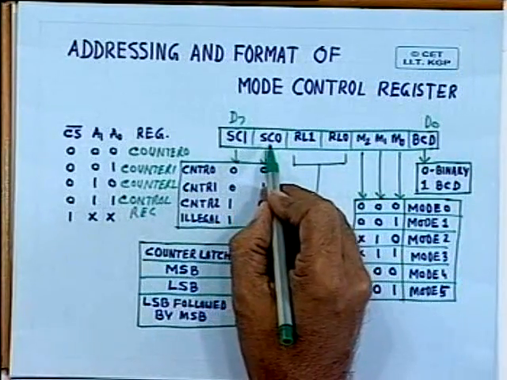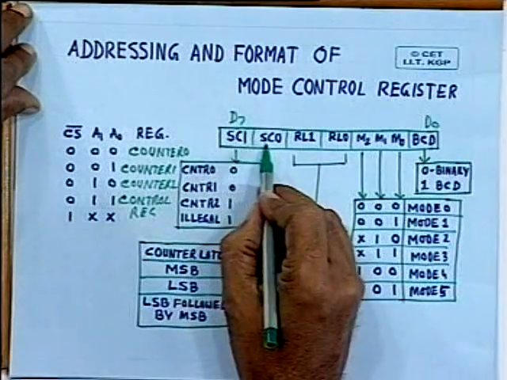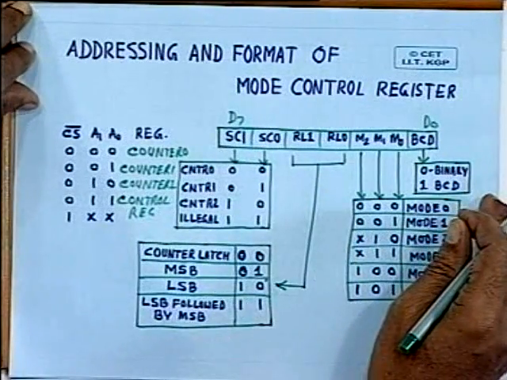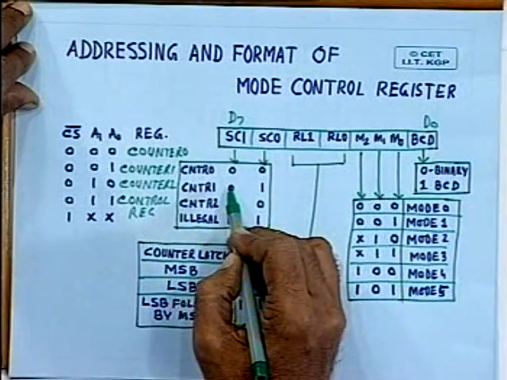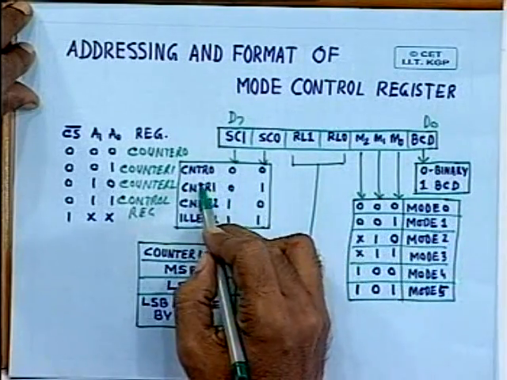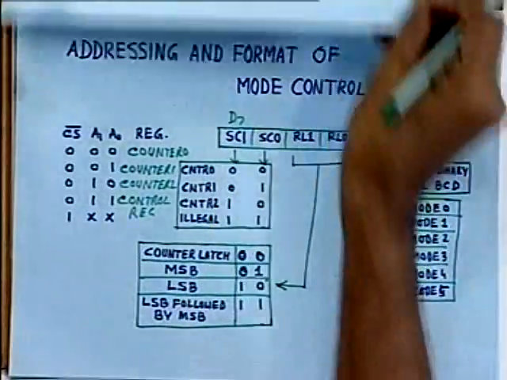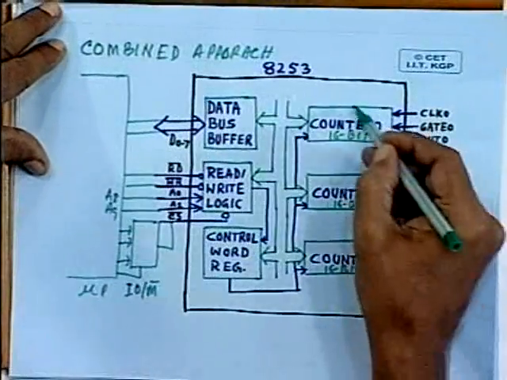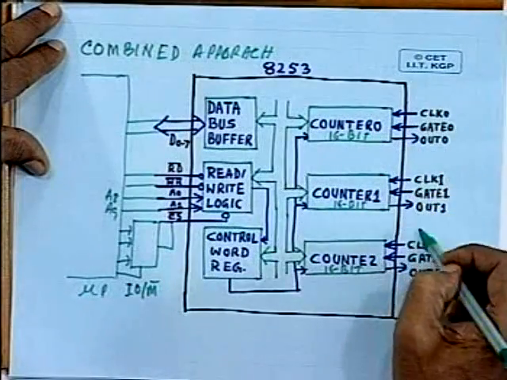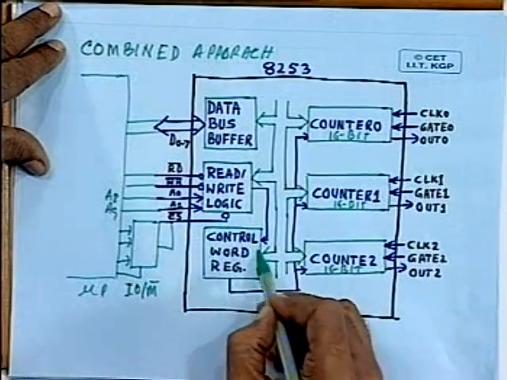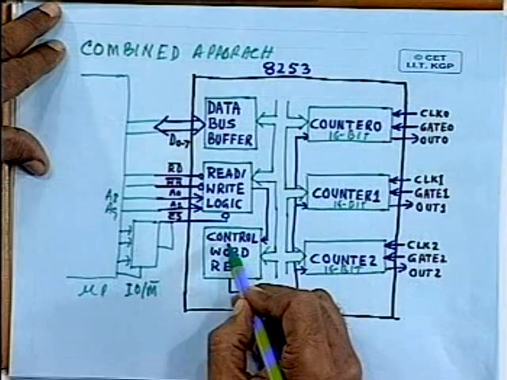Then SC0 and SC1, these 2 are used to access. You have seen that there are three independent timer counter sections, but here only one control register is shown.